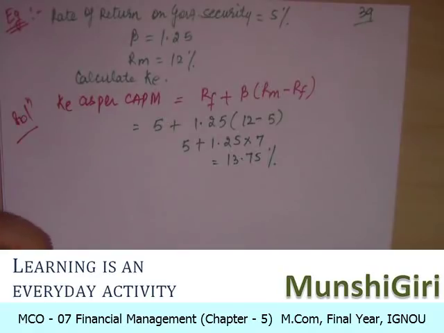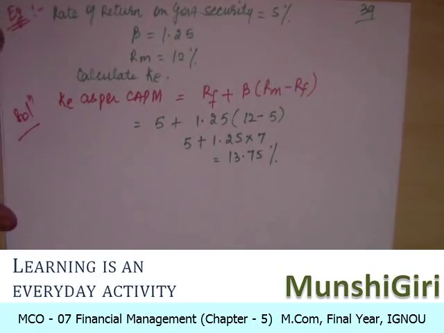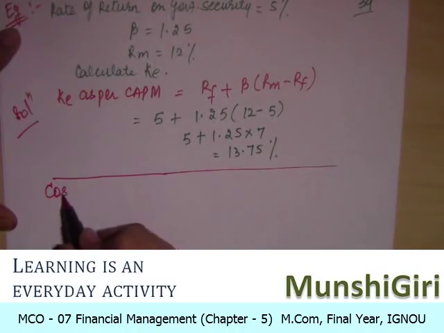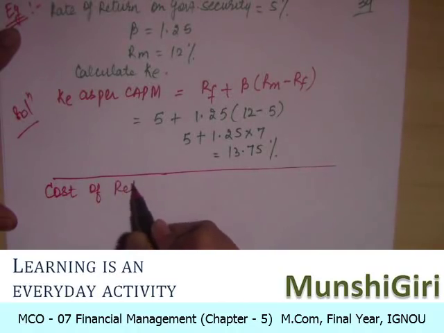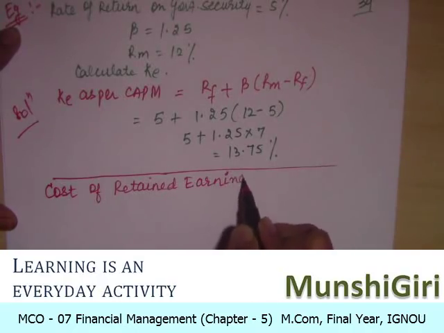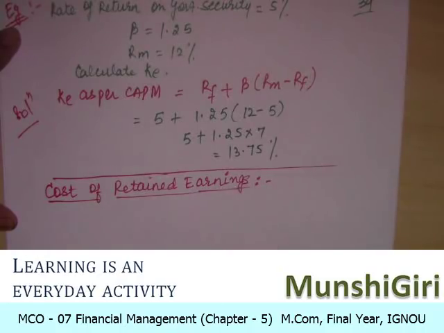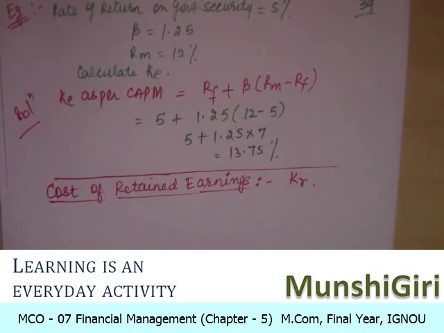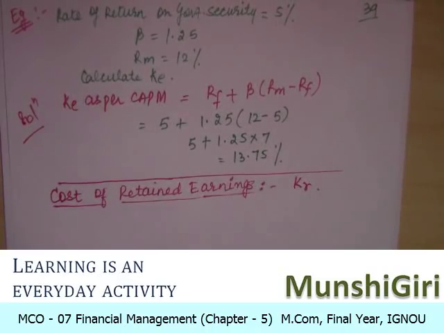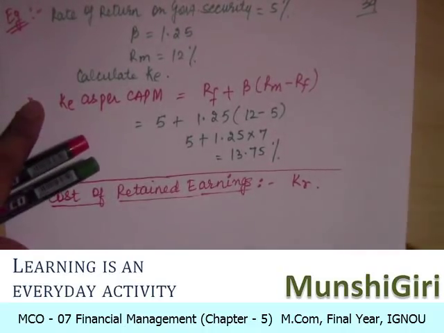Next is cost of retained earnings. This is represented as KR. Now when a company earns profit, it pays a certain part of it as dividend and retains the rest to invest in the business to earn profit.